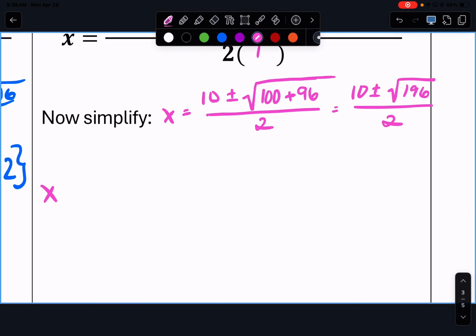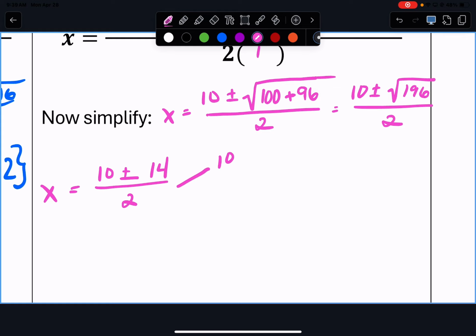Then we simplify it. Does anybody know what the square root of 196 is? Is it 14? 13 is 169. So now 10 plus 14 divided by 2, what would that be? 24 divided by 2 is 12. 10 minus 14 divided by 2, what is that going to be?